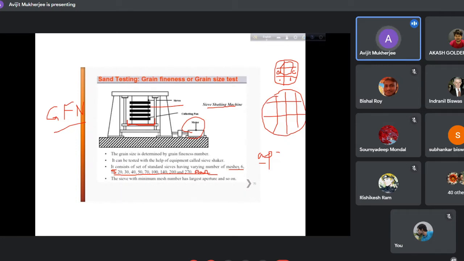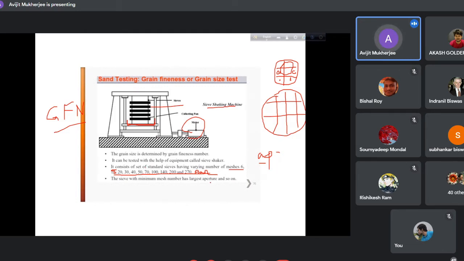But in the other, British system, maybe some 10 plates may be there with some different sizes. So during the conduct of the test, you should mention the standard. Concept is same, but depending on the different standards, the number of trays and number of apertures are different.